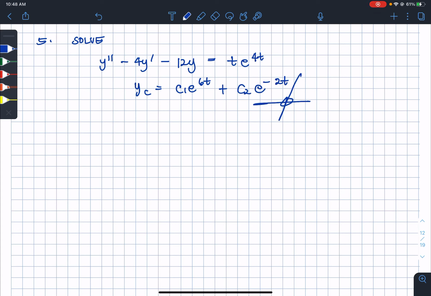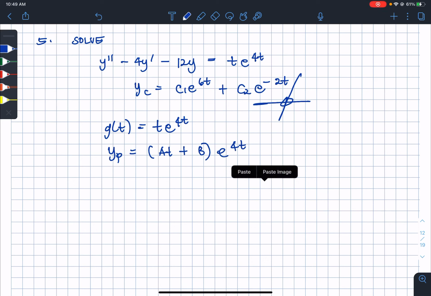So for our y of p, our g of t is t e raised to 4t. Therefore, our y of p will be at plus b, times e raised to 4t. Simply put, okay, so it's fine.